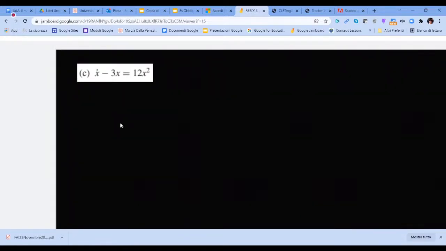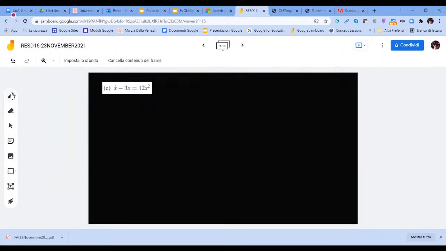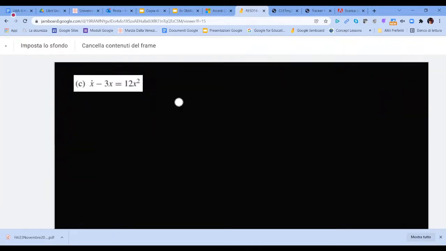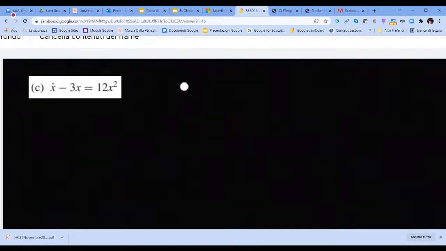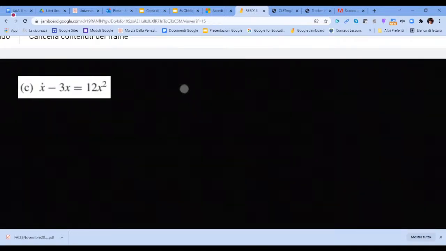Okay, this is a very typical type that is given to you, and you have x dot plus ax equals, this time b is a constant, it doesn't depend on t, but you have this x squared.